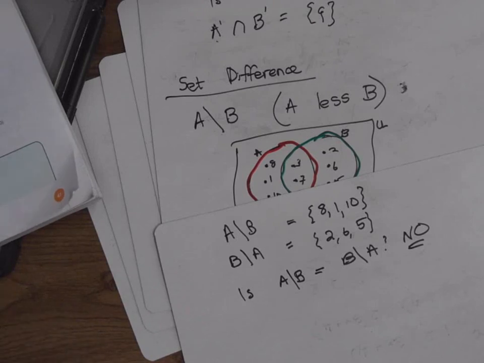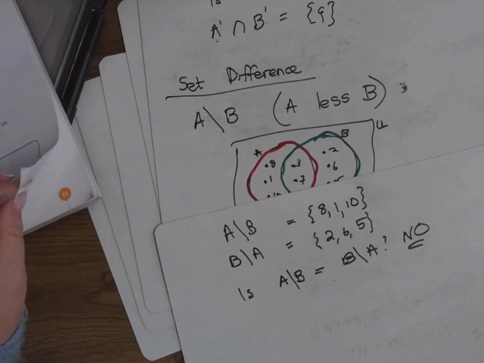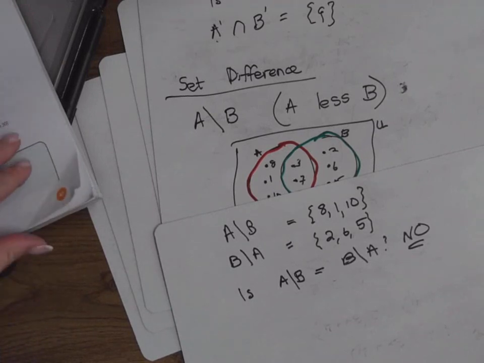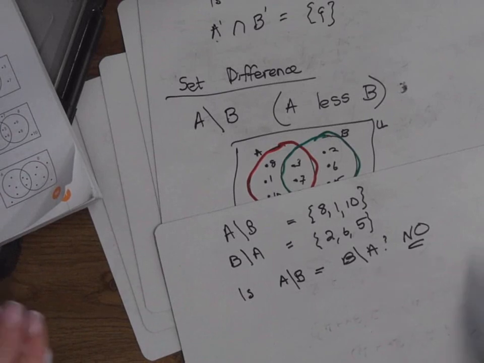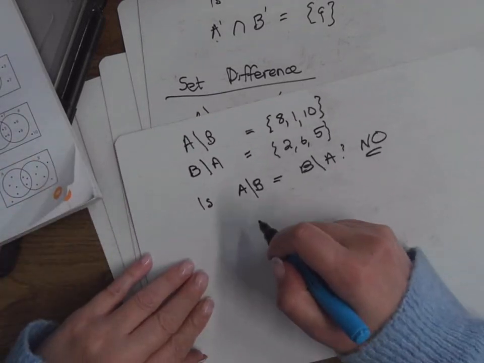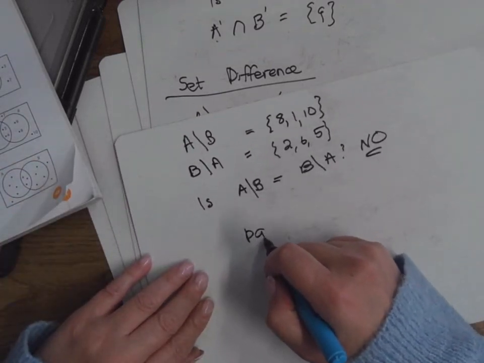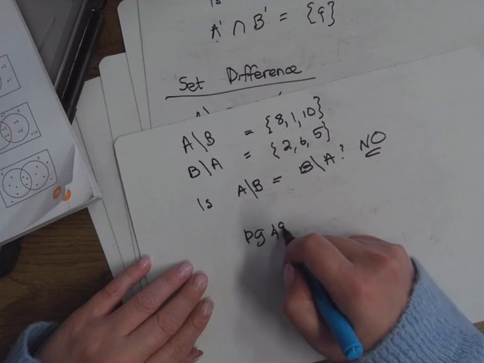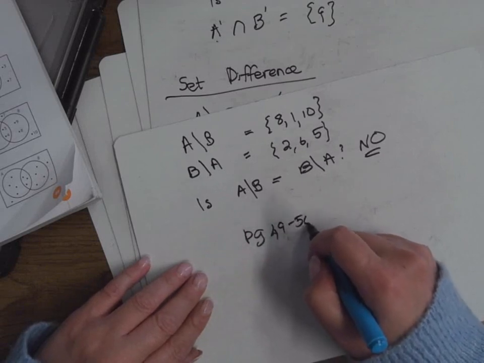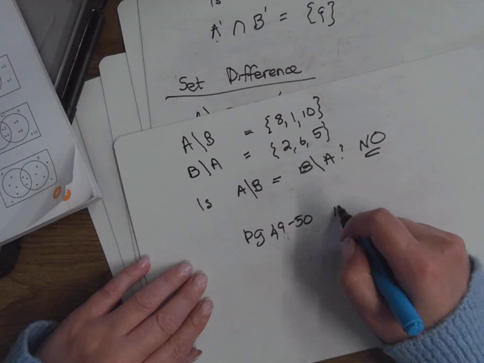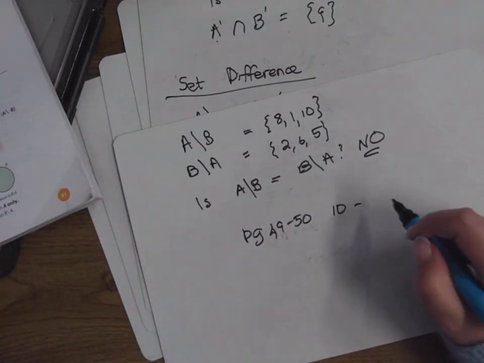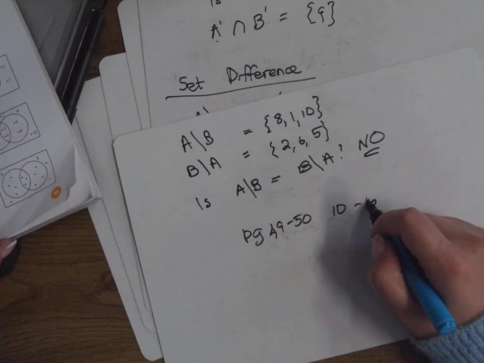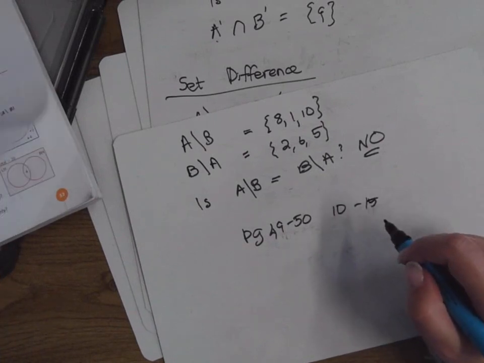So what I'm going to do is give you a load of questions again on set difference and on what we were doing, complement and stuff. So I'm going to ask you to do pages 49 to 50. We did up to 1 to 9, so let's do 10 to 15, and then they're short enough, and you're going to start now.